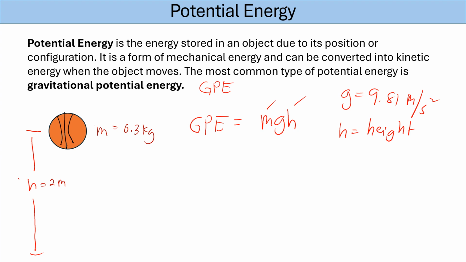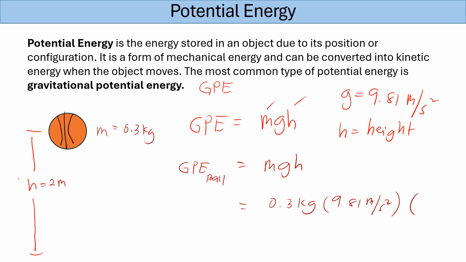So if we're going to calculate the potential energy of the ball, we can write that as GPE of the ball equal to mgh, so this will be equal to 0.3 kilogram multiplied with the g value 9.81 meters per second squared, and the height value, which is 2 meters.